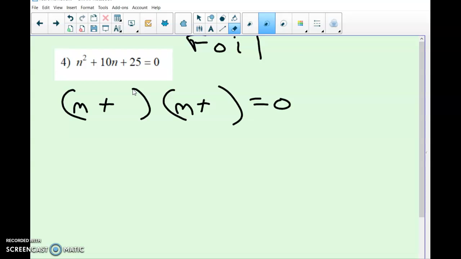Factors of 25: 25 and 1, 5 and 5. I'm looking for something that's going to add up to 10. Certainly isn't 25 and 1. So we're going to go with 5 and 5.